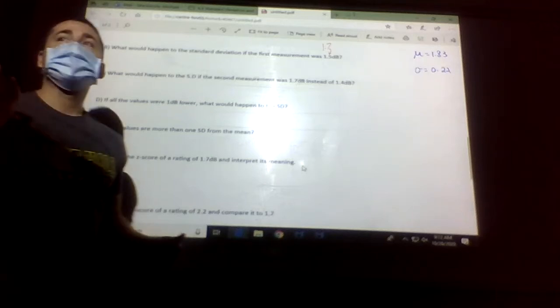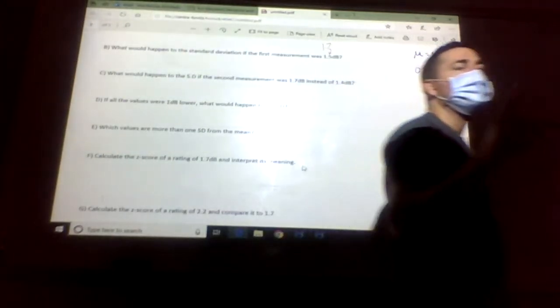Okay, so my question is this. The new number, is it closer to the average or further away from the average? It's further away. So if this measurement is further away, what is it going to do to the standard deviation? It goes higher, because the lower the standard deviation, the closer the values are together.